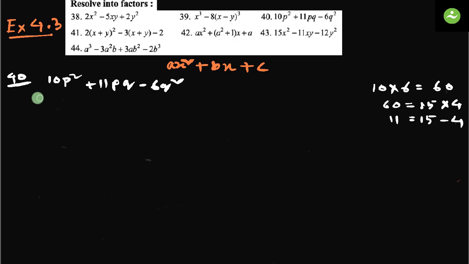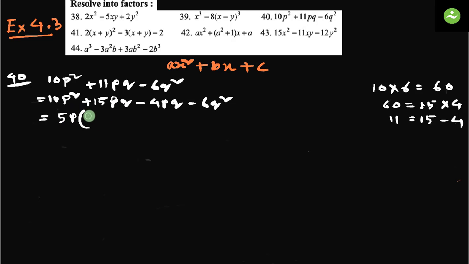Yes. Equals 10p squared plus 15pq minus 4pq minus 6q squared equals, what we can take common here, 5p, 2p plus 3q.